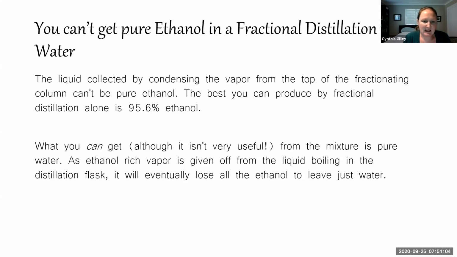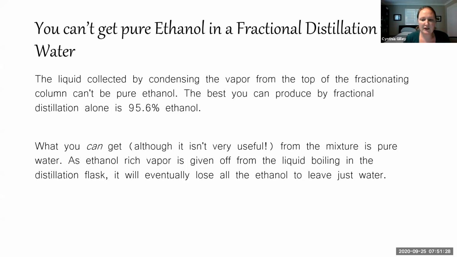What you can get eventually in the distillation, although it isn't very useful, from the mixture is pure water. As the ethanol boils off, the first few fractions will have a very high percentage of ethanol, up to 95.6%. Then eventually the fractions collected will have a lower percentage of ethanol and a higher percentage of water.